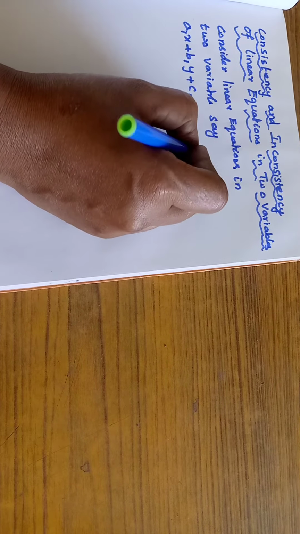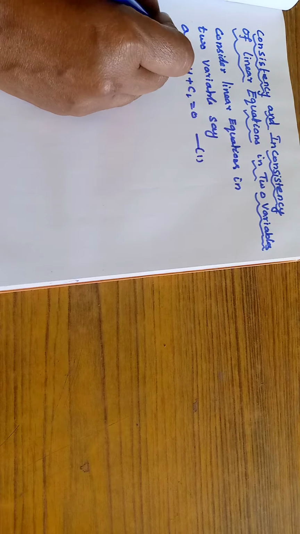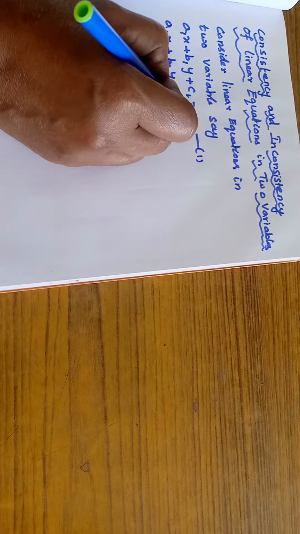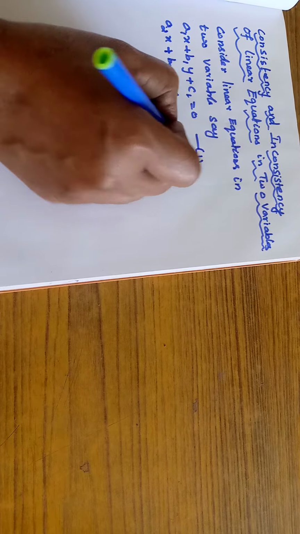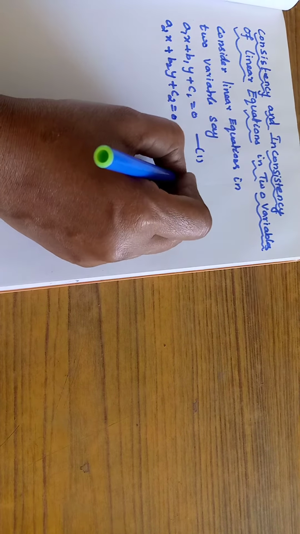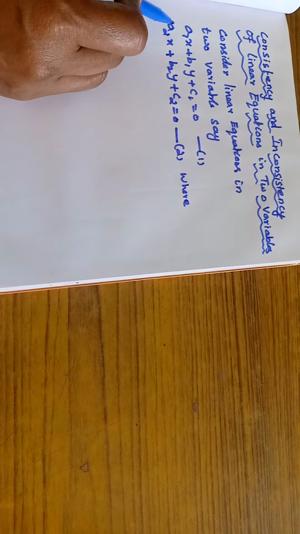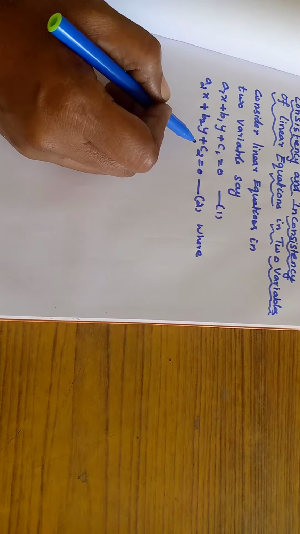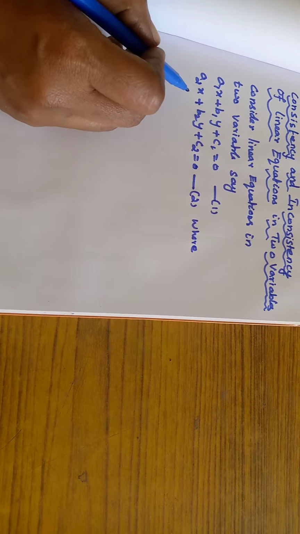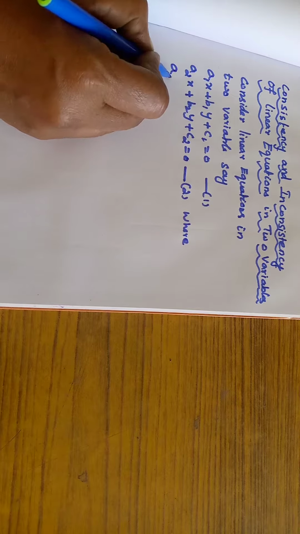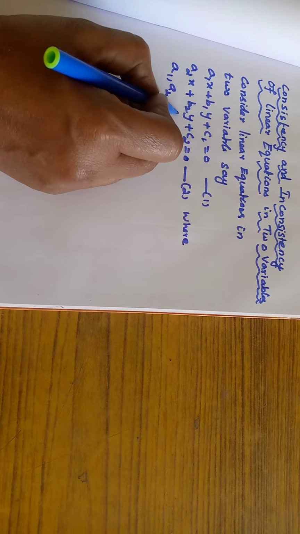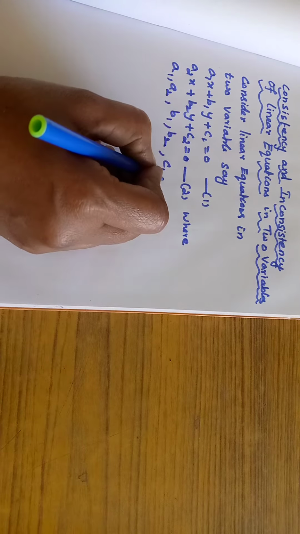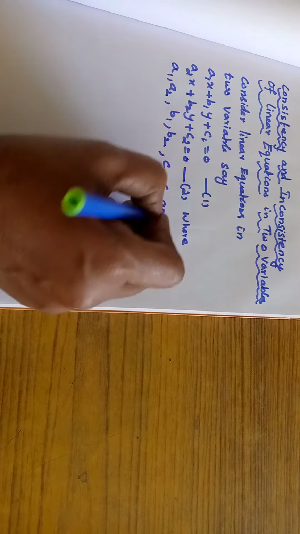Let us take it as equation number 1, as well as a2x plus b2y plus c2 equal to 0, equation 2, where a1, a2, b1, b2, c1, c2 are real numbers.